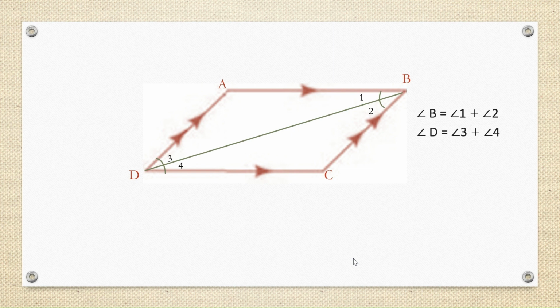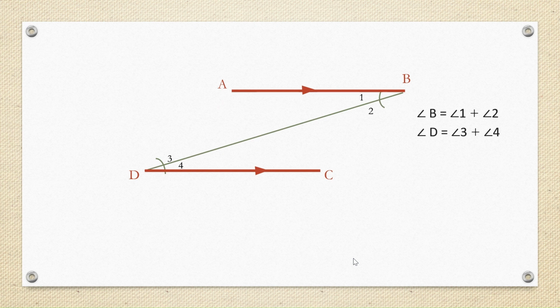Now if we look into this particular figure, consider any two parallel sides, AB and CD. If we ignore the other two sides, the figure will look like this, wherein BD is like a transversal. As per the properties of parallel lines, we know that alternate interior angles are equal.